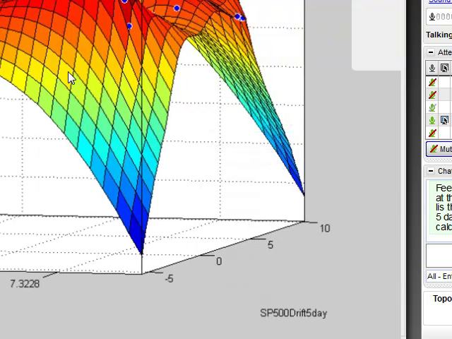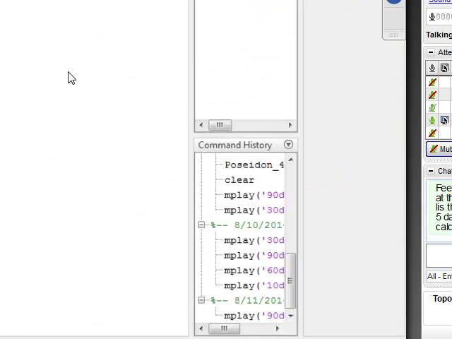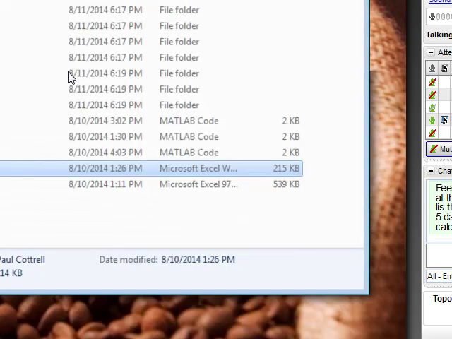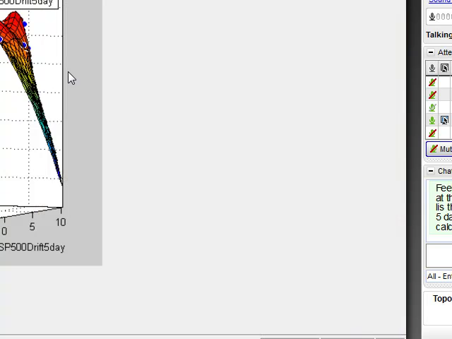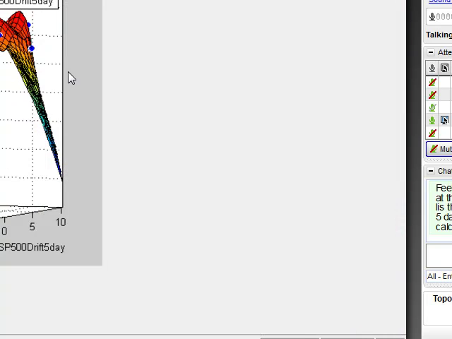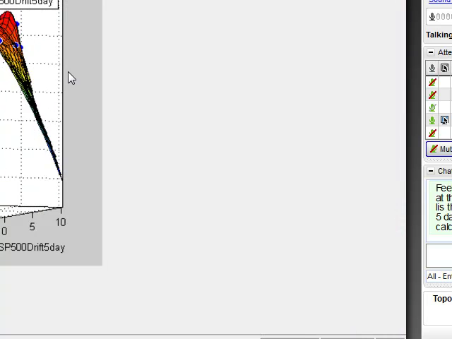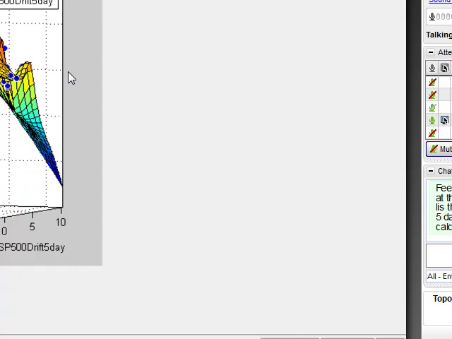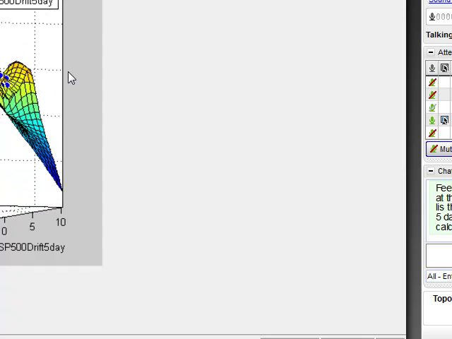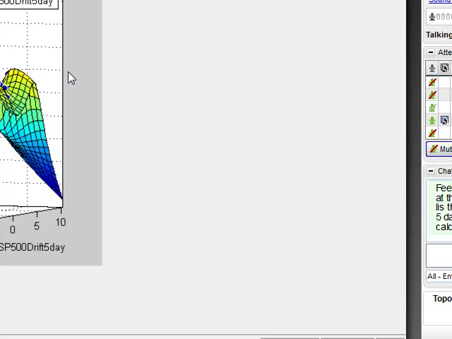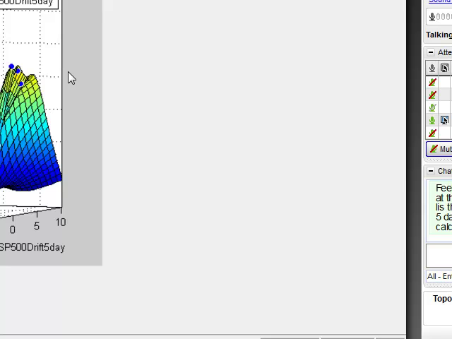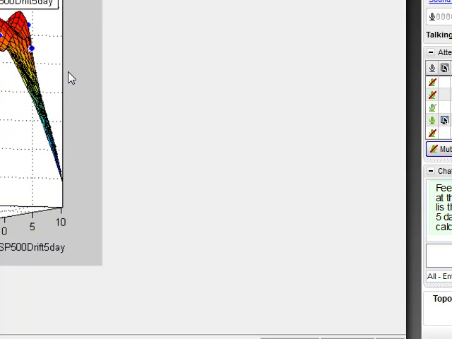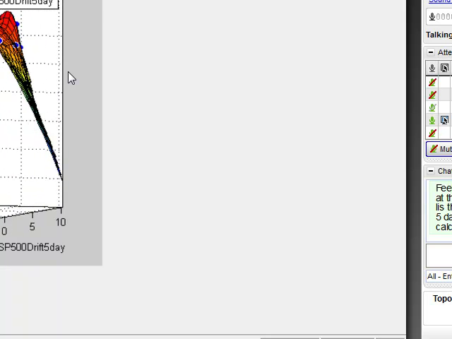So as this is playing around here, I think, yeah, this should be still moving. Okay, so this is 10 years worth of S&P data, daily data, parameterized using a harmonic methodology, biharmonic methodology.